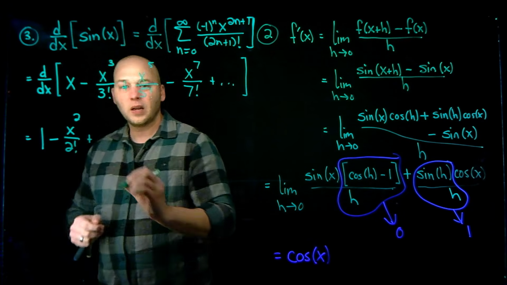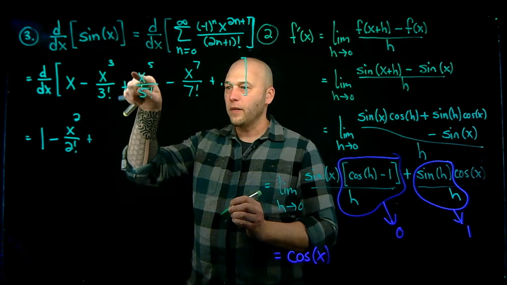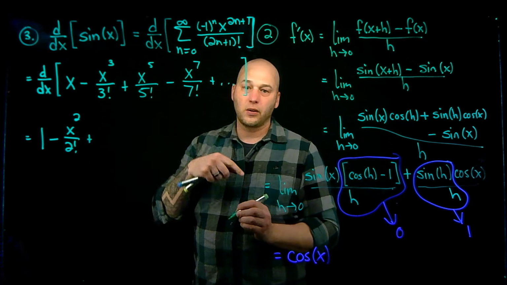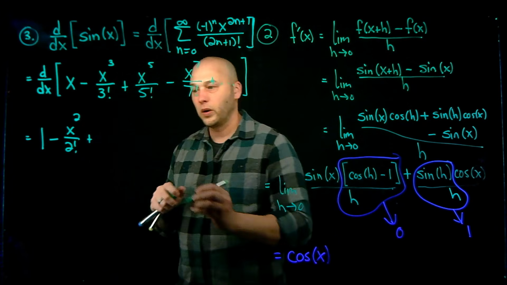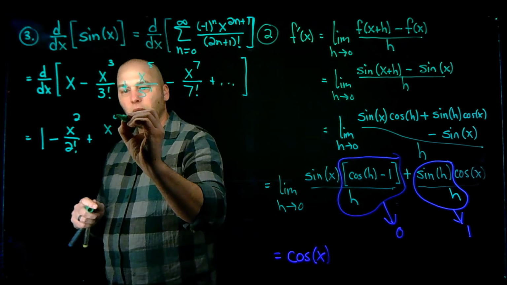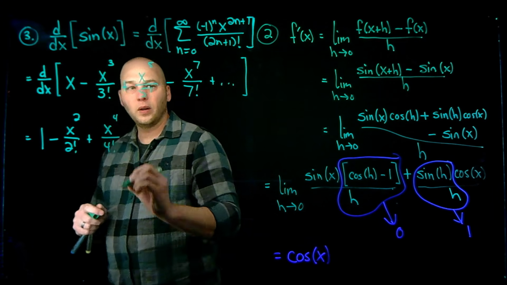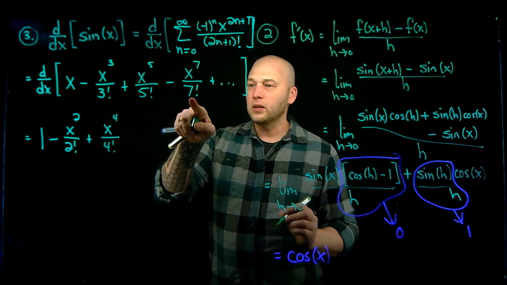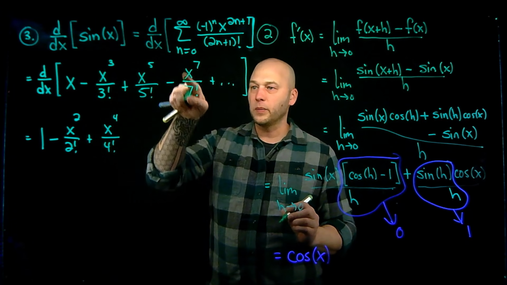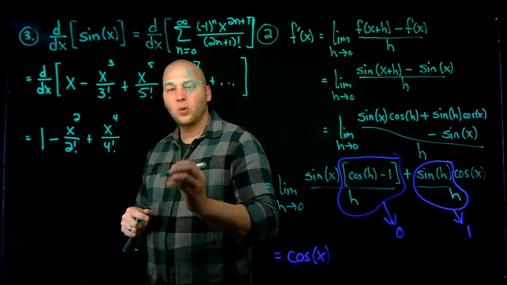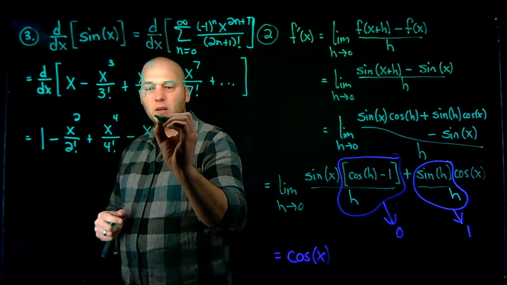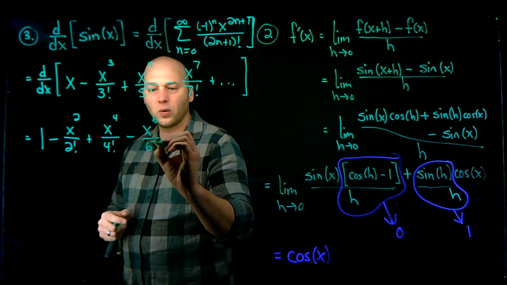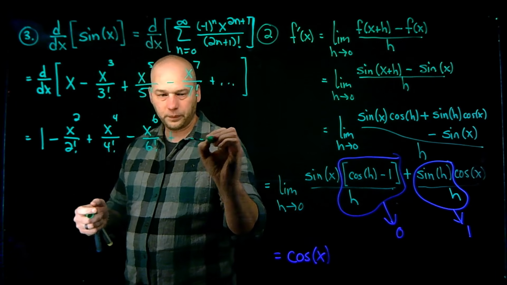And then plus, for this third term, the 5 comes down, 5 over 5 factorial, the factors of 5 cancel, leaving a 4 factorial. So I get x to the fourth over 4 factorial. And then let's just do one more. This next term here, the fourth term, the 7 comes down, canceling with the 7 and the factorial, leaving minus x to the sixth over 6 factorial, and again, so on and so forth.